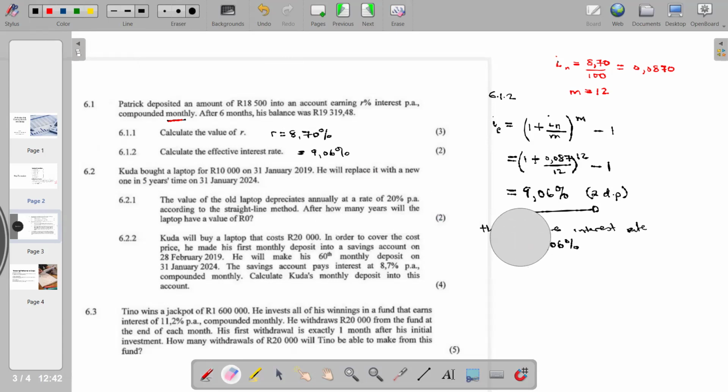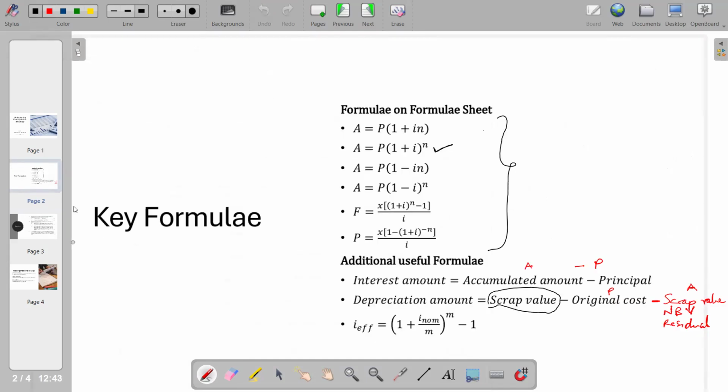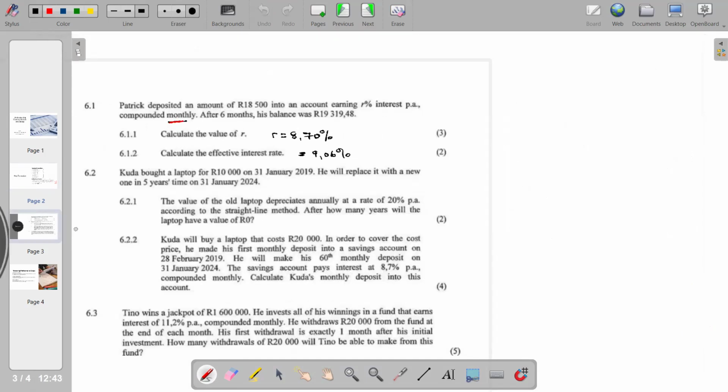So they said we are using the straight line method, and the formula for the straight line method, here it is. So using the straight line method, we know how we calculate our depreciation. So it's question 6.2.1.